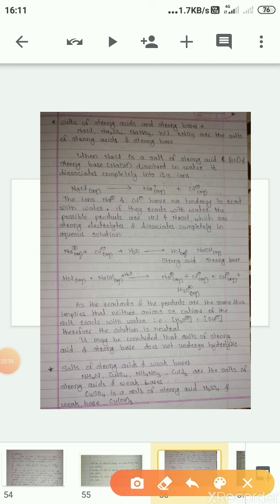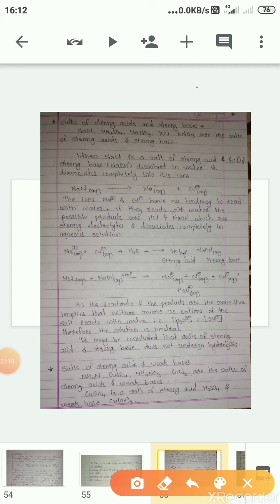For example, when sodium chloride is dissolved in water, it produces Na+, Cl-, plus OH- plus H3O+, that is the hydronium ion, and therefore it does not affect the acidity or basicity of the solution. The solution is unaffected by the salt, and therefore the salts of strong acid and strong base do not undergo hydrolysis.